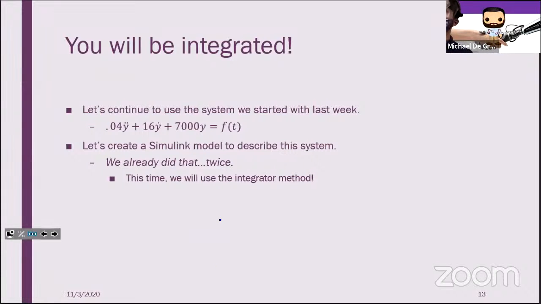What I told you guys before, what are we looking to do here? Well, I've got 0.04 y double dot, and I'm going to move everything else to the other side.